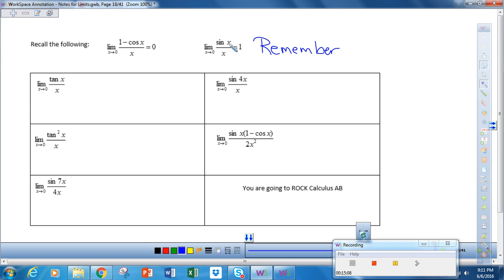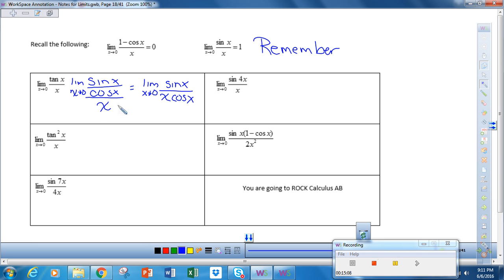If I can write this in terms of sine and cosine and get it to look like this, I might be able to do something. So tan is sine x over cosine x, so this is sine x over cosine x over x. Now, I hope it's okay with you if I write this as the limit as x approaches 0 of sine x over x cosine x.